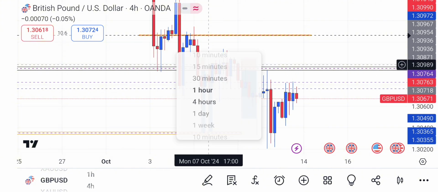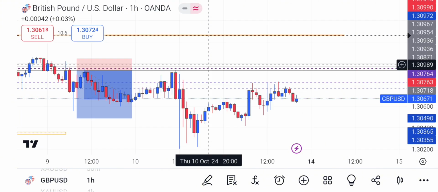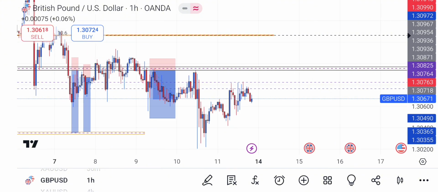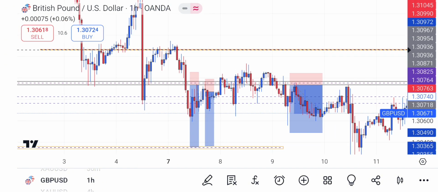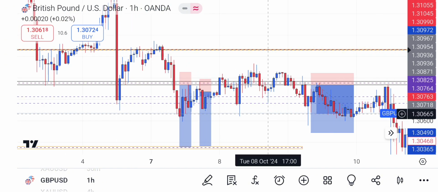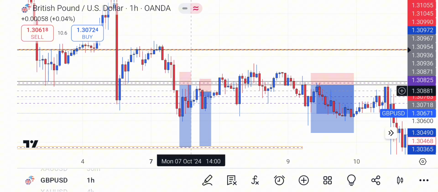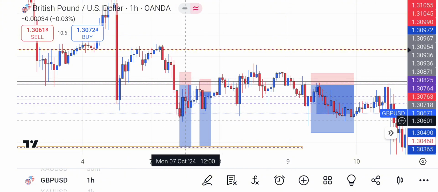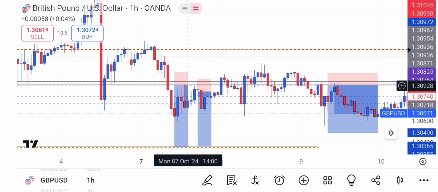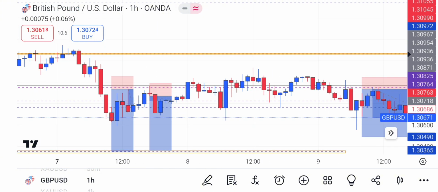Let me go to the 1 hour time frame now. So this is it. Price got here, then we tested in this candle, which I entered.